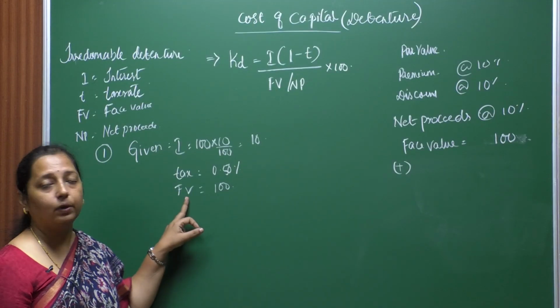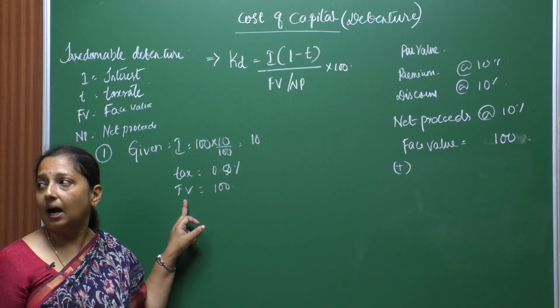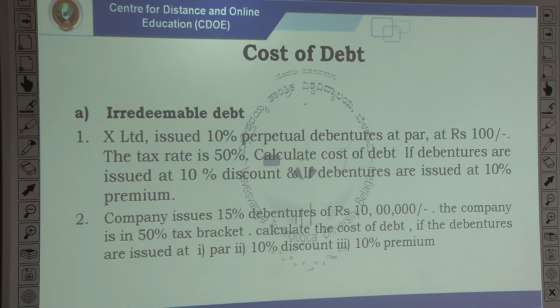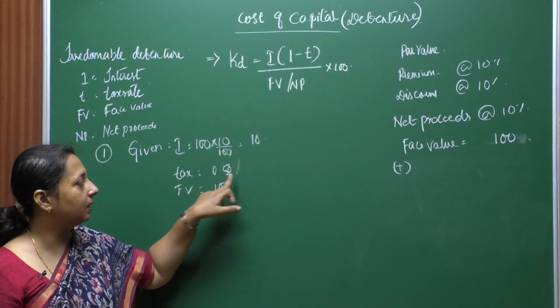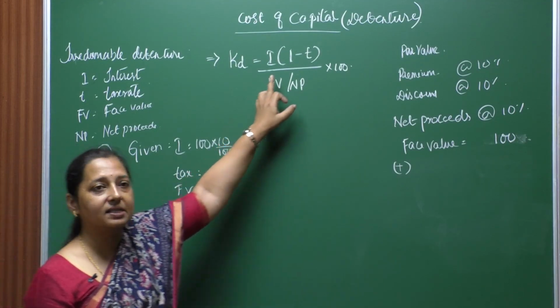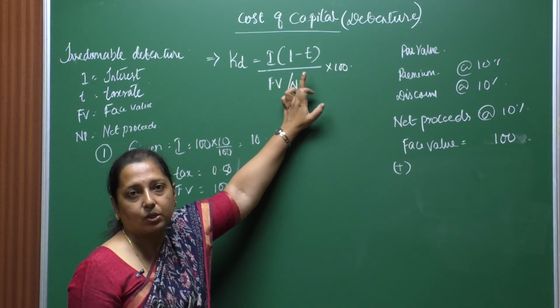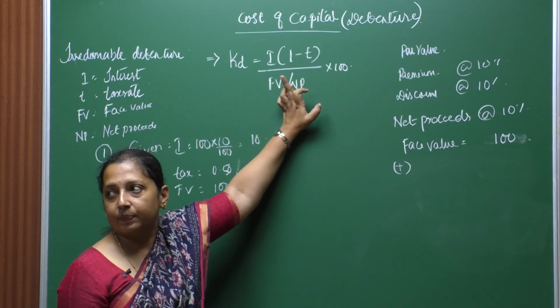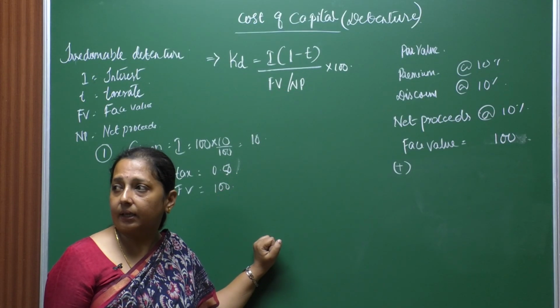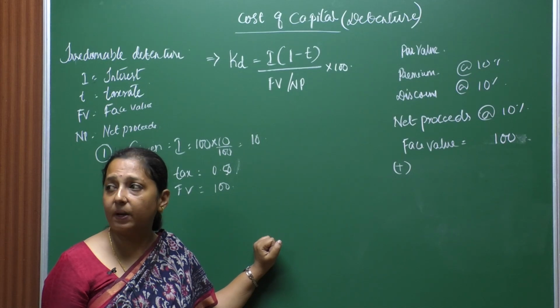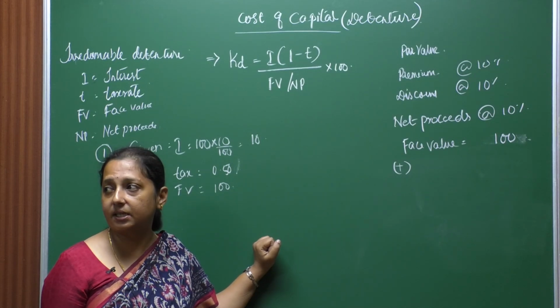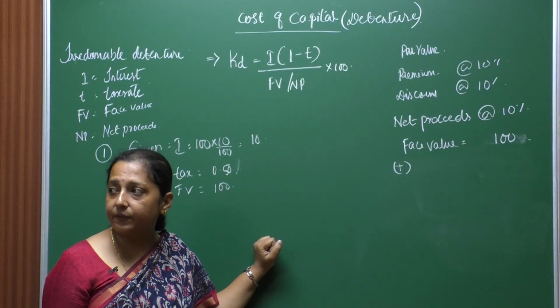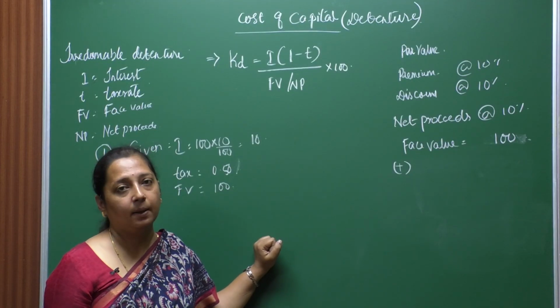Now look at this problem. The face value is 100 rupees and the tax rate is 50%. Put it in decimal, that is 0.50, because 1 represents 100%, so the tax rate is 50%. We have to calculate the cost of debt if debentures are issued at 10% discount and if debentures are issued at 10% premium.